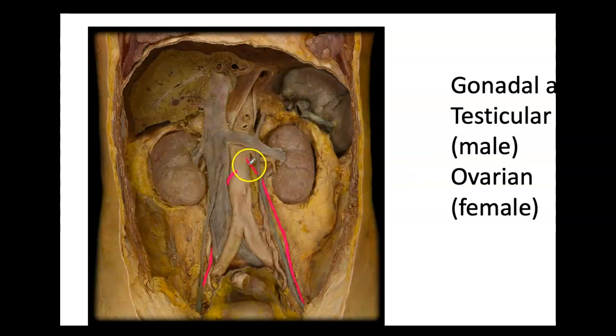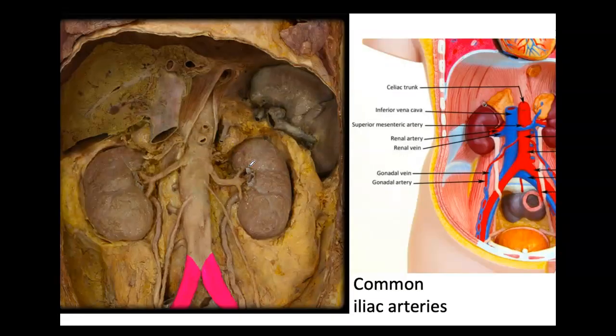So here it is again. This should have been coming off the actual renal artery. And these are the common iliac. Yeah, and that's all we have on the cadaver.